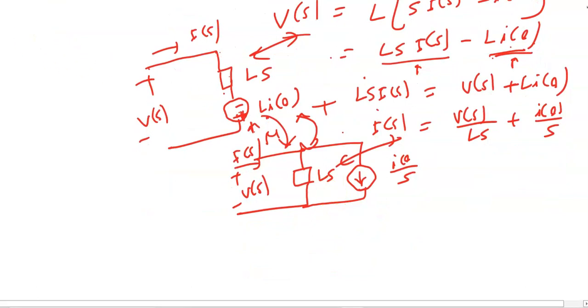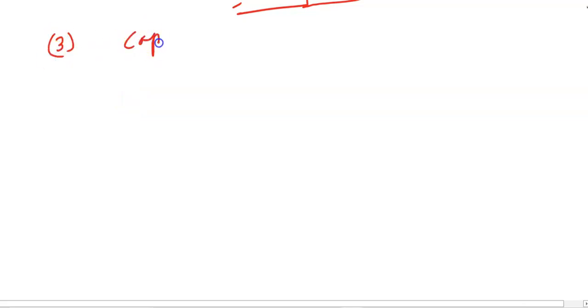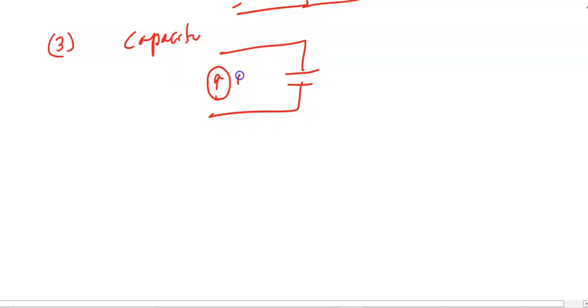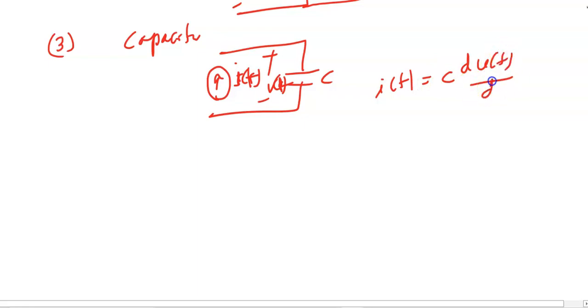Now let us move to the capacitor. Inductor we have done, so capacitors. In time domain we have It and Vt. From the dynamic equation we know that It is equal to C dVt upon dt.